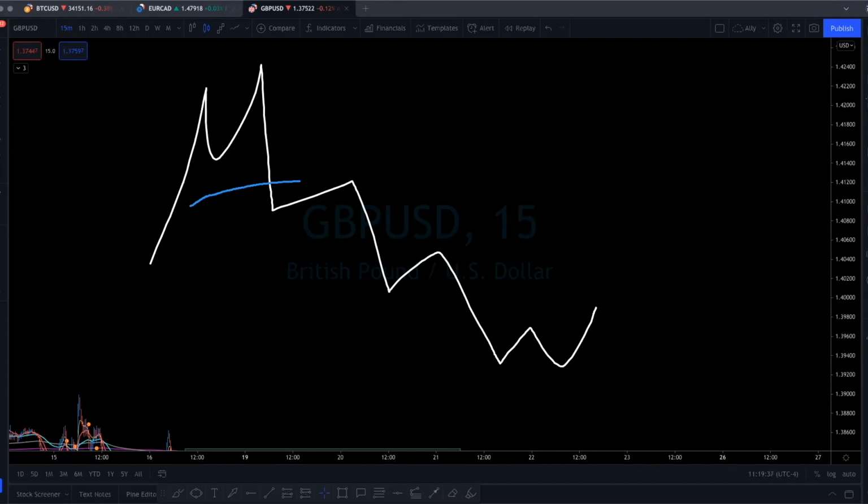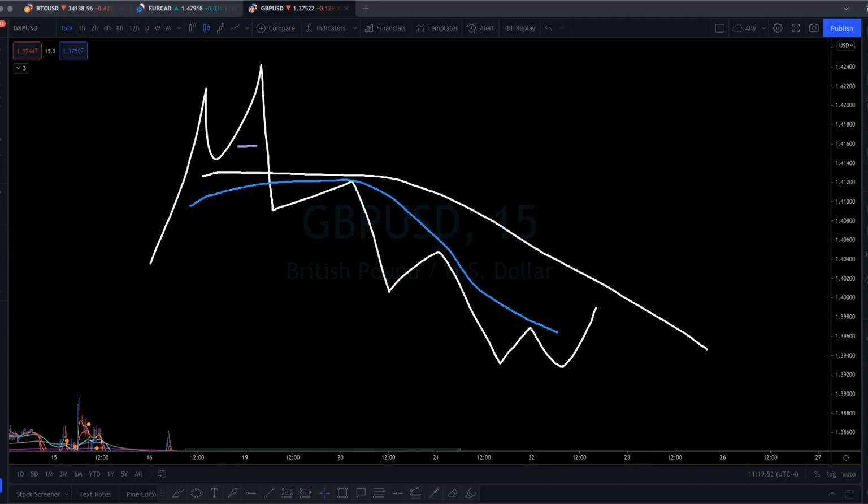So the 50 is going to be like this. The 200 would be like this, and then the 800 would be all the way like this. The bigger retail traders see this and they're like, oh, well, we're selling because the trend is to sell.